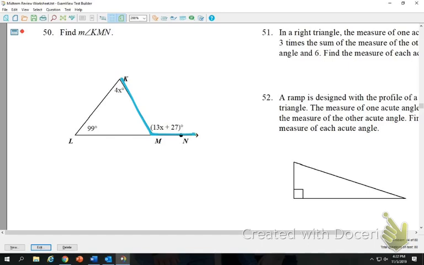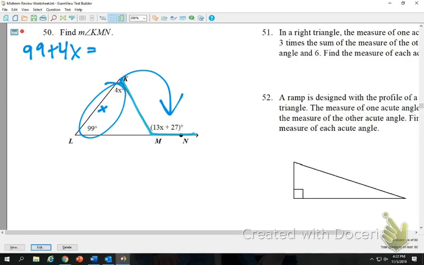KMN is the exterior angle, so we're going to add the interior. 99 plus 4x, and they will equal the exterior. I'm going to go ahead and skip ahead and find what x is. X is 8.